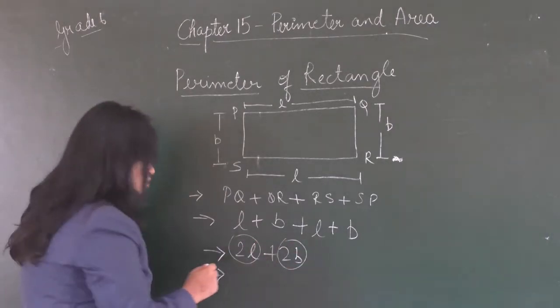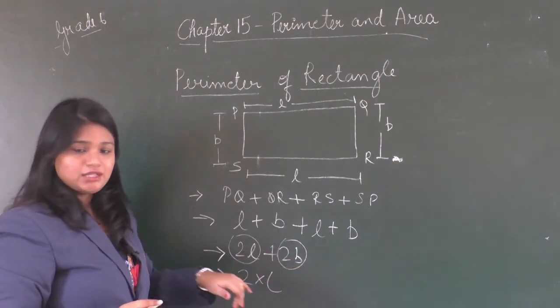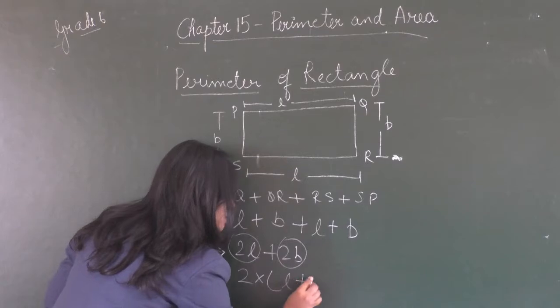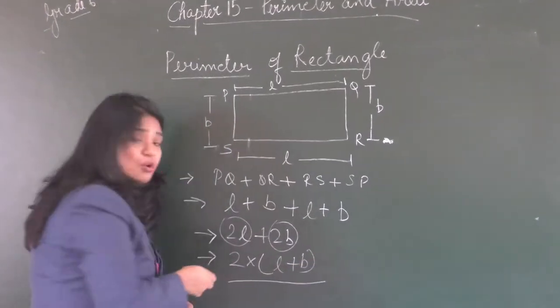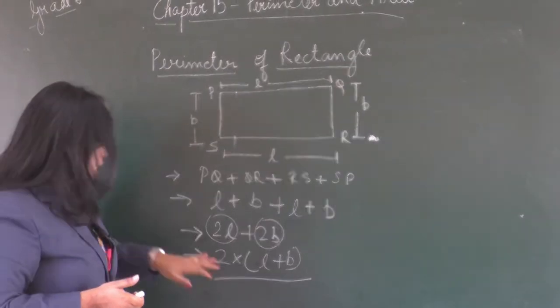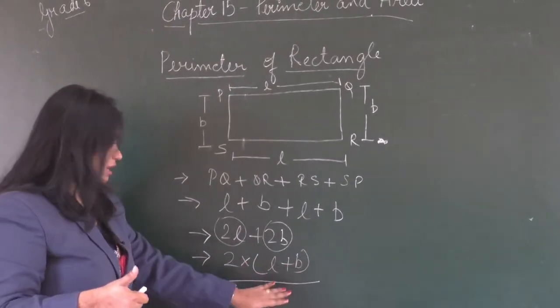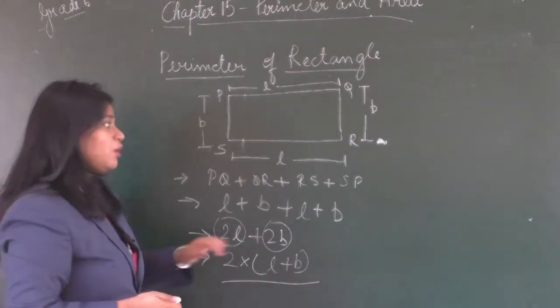So let's take 2 common, and in the brackets let's write the remaining terms, that is L plus B. So the generalized formula for perimeter of a rectangle is 2 into L plus B. L is equal to length plus B is equal to breadth.